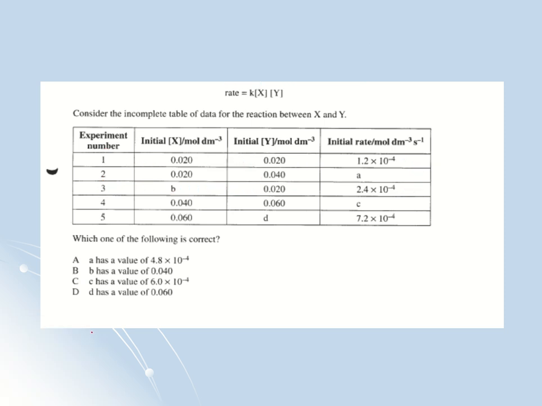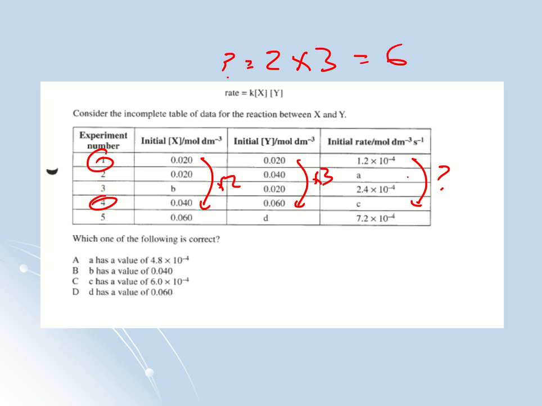Let's just prove that the others are incorrect while we're at it. That's a valuable exercise as well. We'll do experiments 1 and 4 for this one. We can see X has doubled, Y has tripled, and we're looking to work out what has happened to the rate. So the rate equals X has doubled, so that's 2 to the 1, which is 2, multiplied by Y has tripled, that's 3 to the 1, so therefore the rate has gone up by a factor of 6.